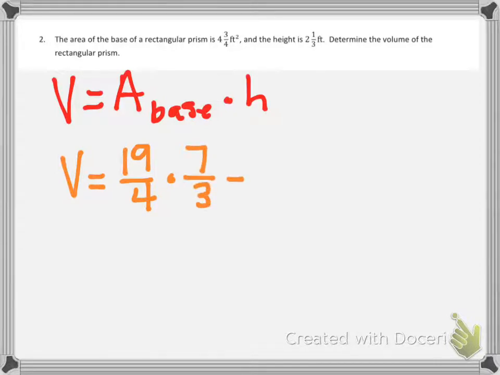Looks like I can't simplify anything here. So 19 times 7 is 133 over 4 times 3 is 12.